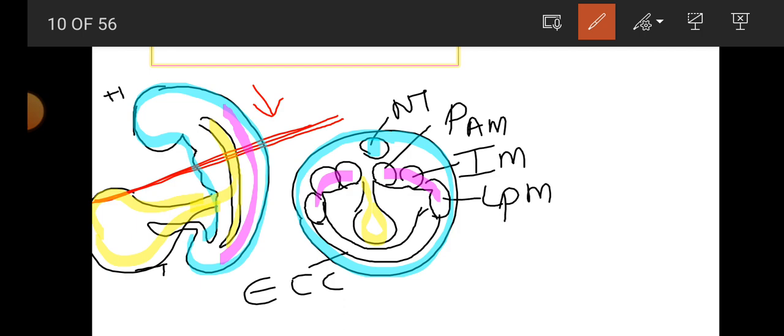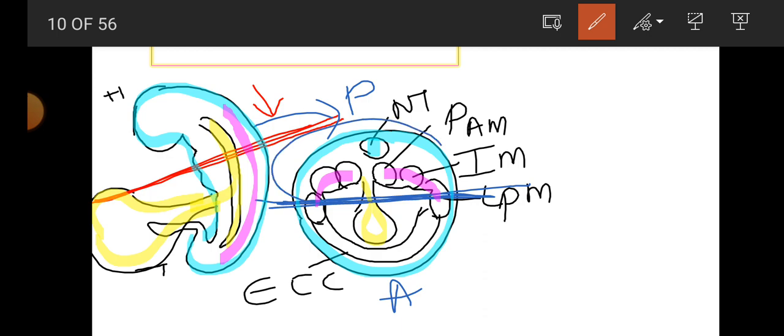Now the same structure, I am going to show cut like this, and this is the posterior half, this is the anterior half. I'm going to show the posterior part alone. I'm going to cut longitudinally, and I'm going to see only this part.